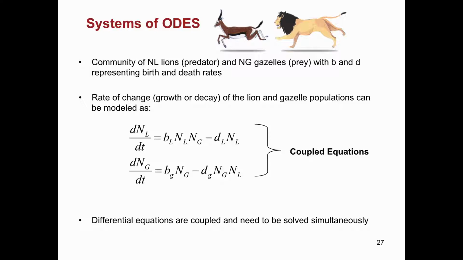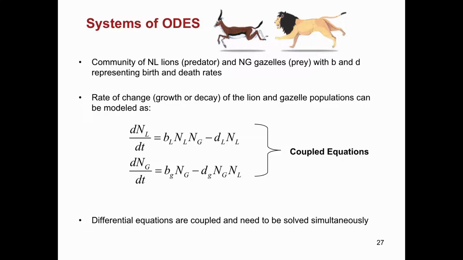As far as gazelles go, I have the birth rate of gazelles times their number, so there's a certain rate per population, but their death depends on the number of lions. What kills them is the lions. So these two are coupled together, and I have to solve them simultaneously.